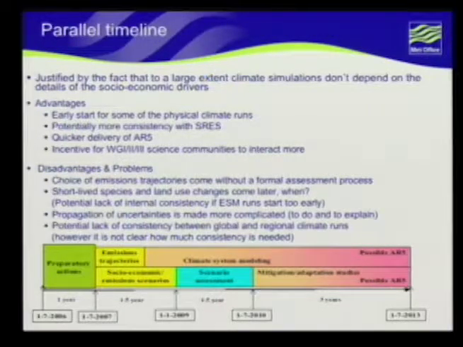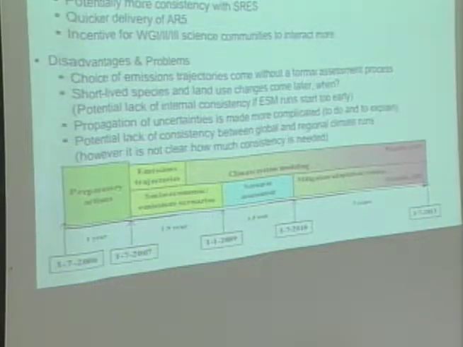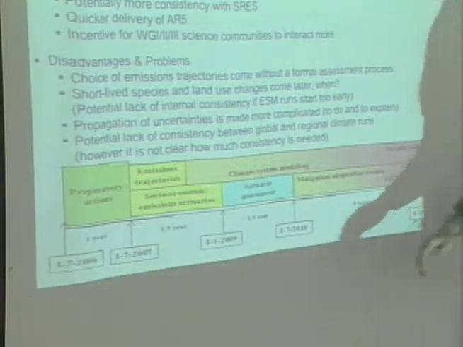Yeah, this is something I presented in Seville, when we came with this idea of the parallel timeline, which is pretty much what we've been discussing this week, as opposed to the sequential timeline. So this was a sort of time scale. I think it's been changed slightly since then, but that was the time scale we were thinking about for interacting between the different working groups.